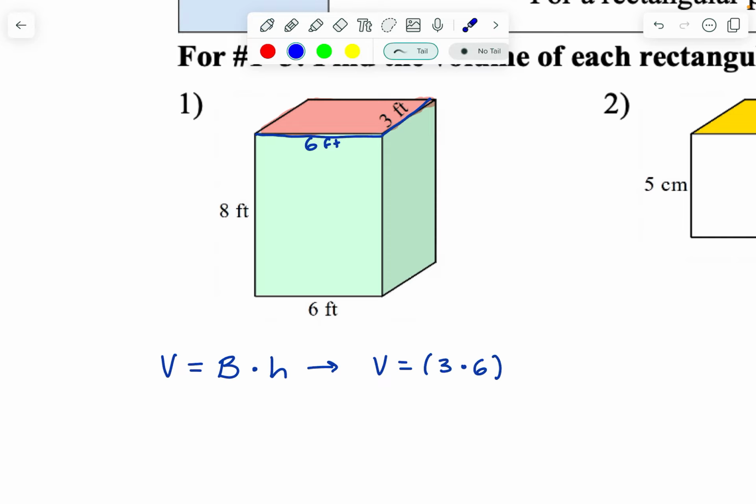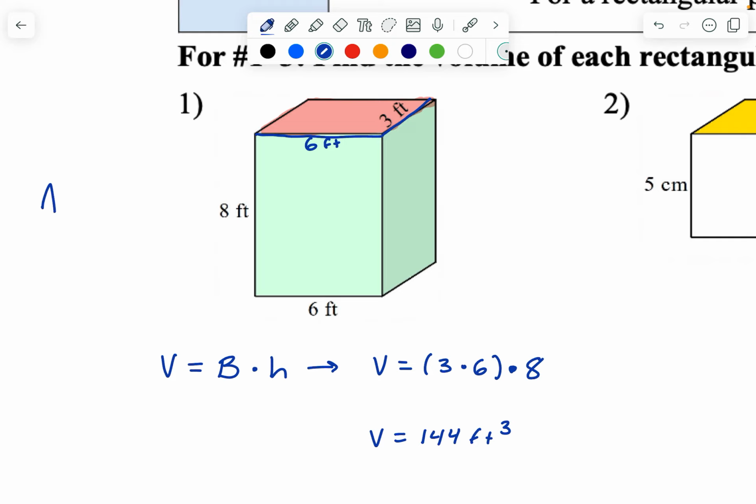That's how we find the area of the base. And then we are going to multiply our height. 8. 8 is the distance between these two bases. Volume is equal to 144 feet cubed.